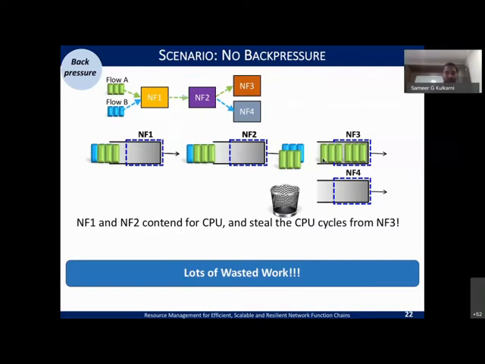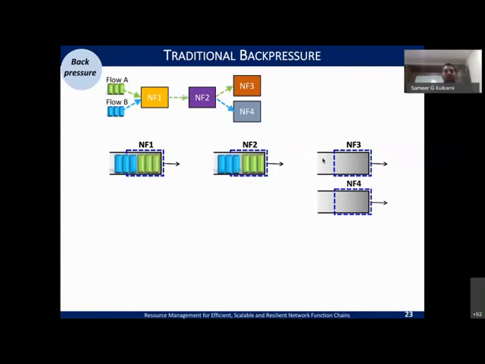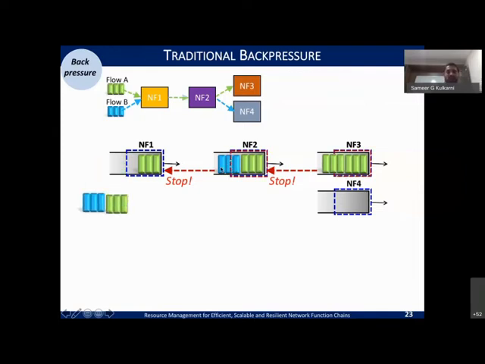That's the basic background. And in networking, the way we try to do the back pressure is, as soon as you know that this NF3 is full, you want to notify your upstream component to say stop, don't send me any packets. And if that is the case, the queue starts building at the upstream components. And this percolates all the way to the upstream. And then you will start seeing that none of the entities here, NF1 or NF2, are processing.